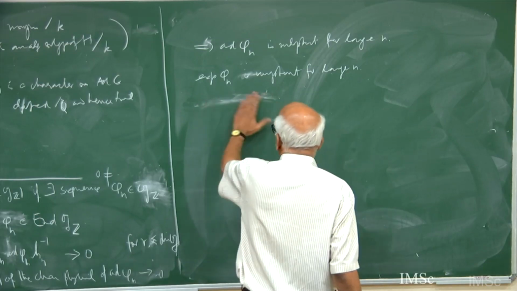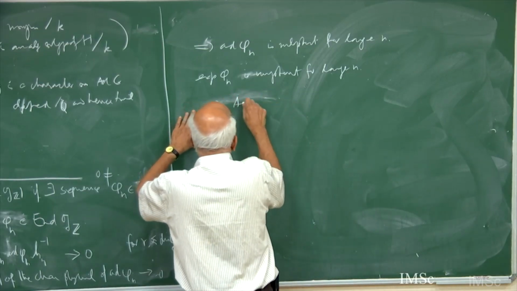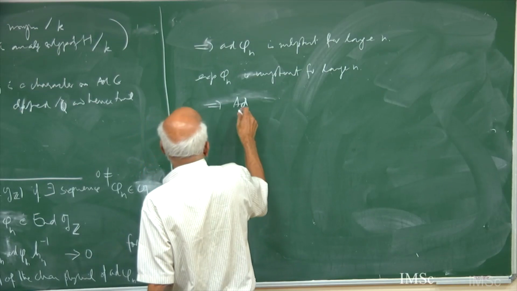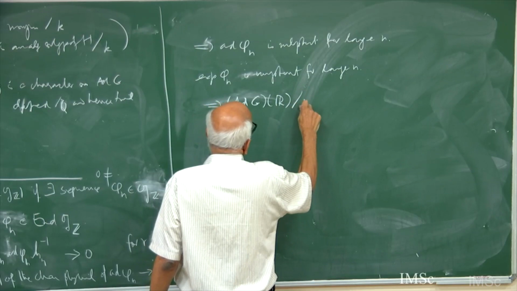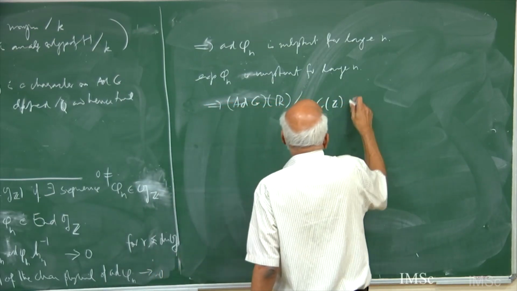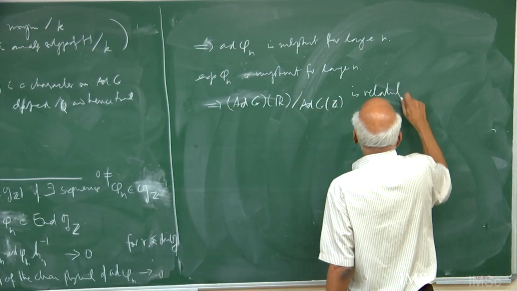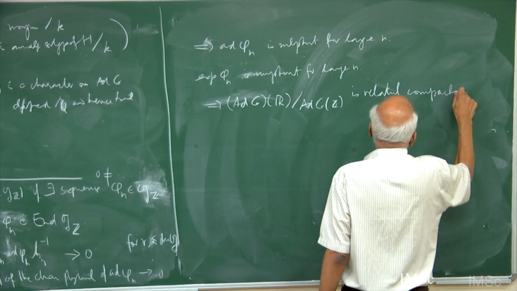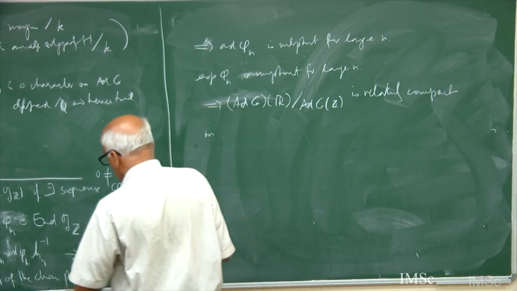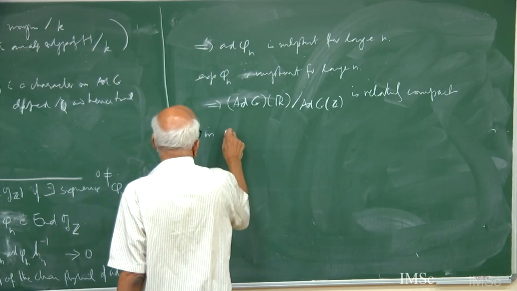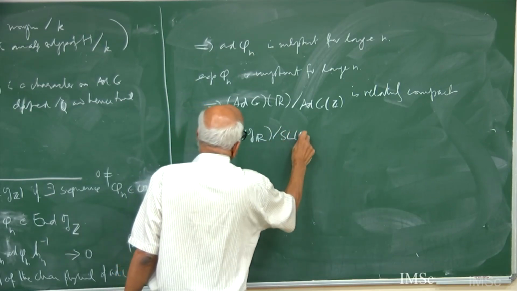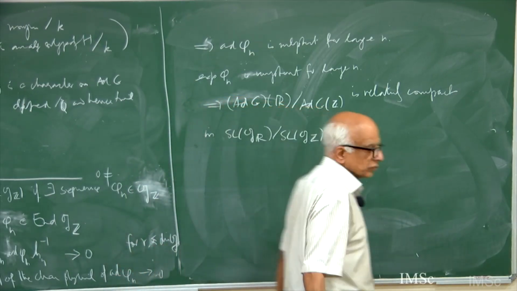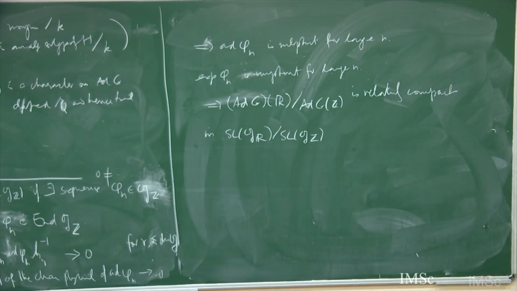So all this implies Ad G_R by Ad G_Z is relatively compact in SL(g_R) modulo SL(g_Z).